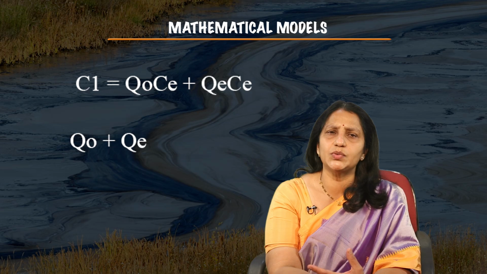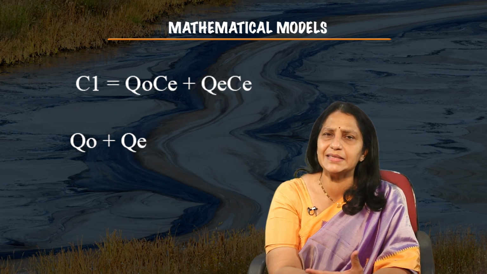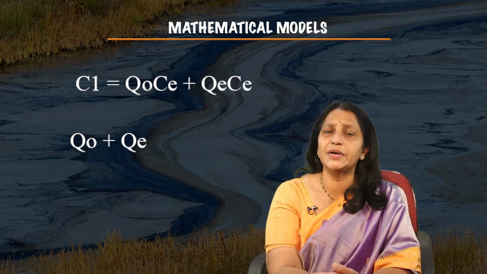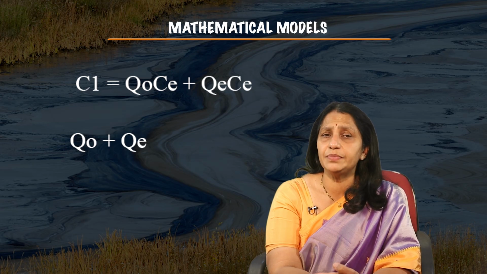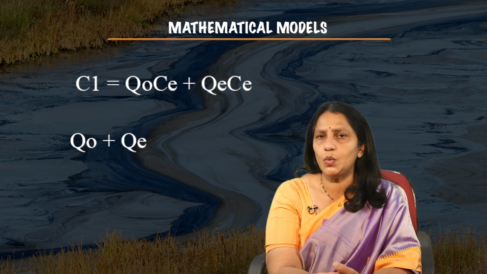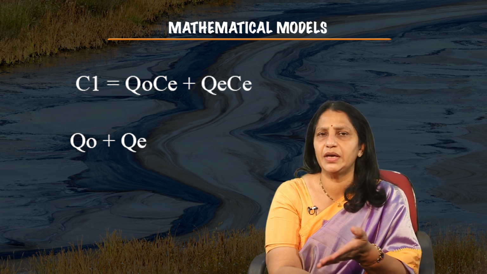If you see the equation given here, it is an example of a mathematical model, the simple water quality mixing model, which is based on the simplest mass balance equation.